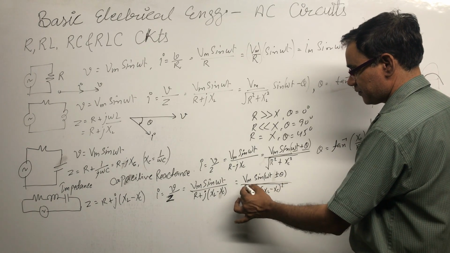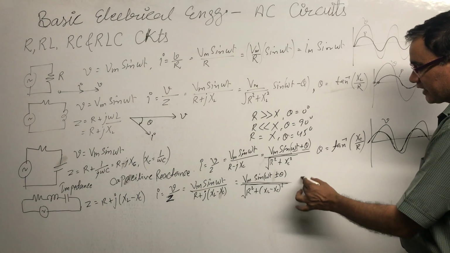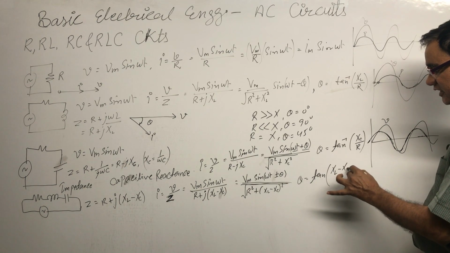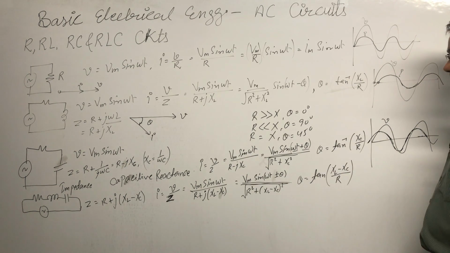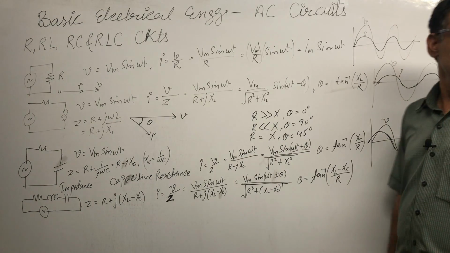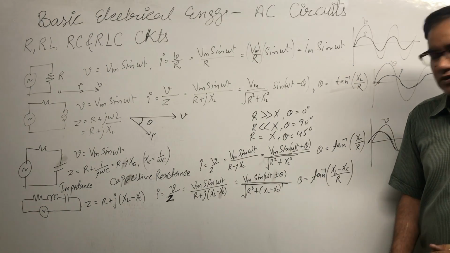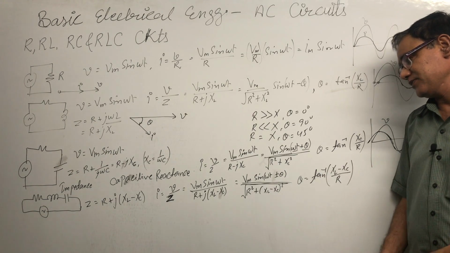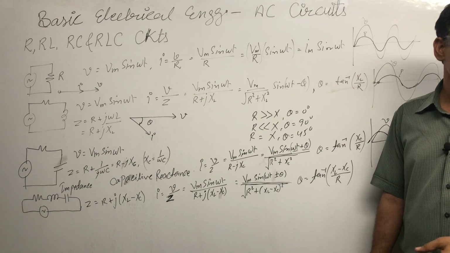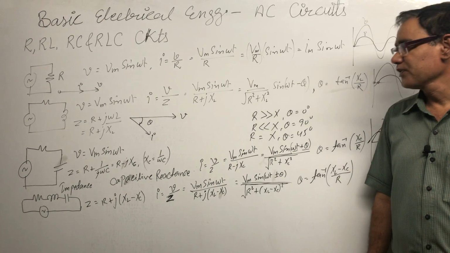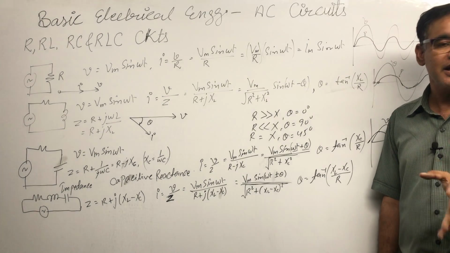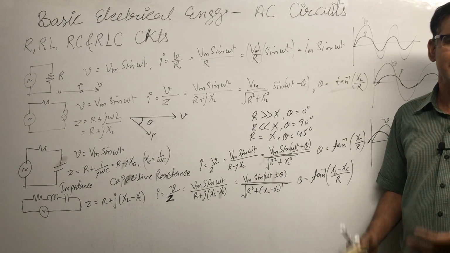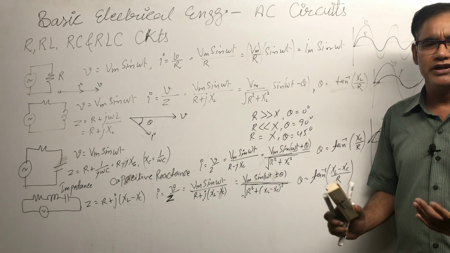The angle theta is tan inverse of (XL minus XC) divided by R. So this angle may be positive or negative, depending on the value, and we can take the angle positive or negative. So this is the RLC circuit, the general way to represent the equation and calculate the current if the voltage is given.